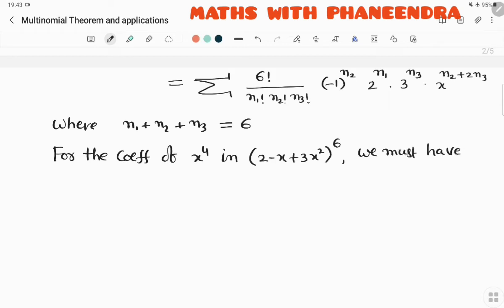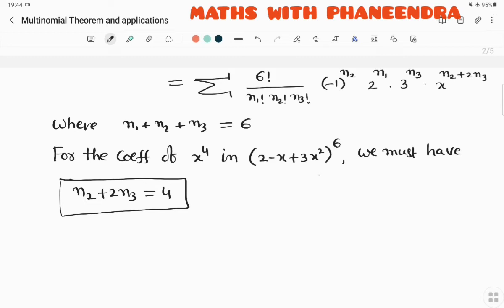I am saying we must have anyway 2 power n1, 3 power n3, minus 1 whole power n2, which are constants. So n2 plus 2n3 should be equal to 4. So to satisfy this condition, n2 plus 2n3 is equal to 4, but n1 is also there, no.